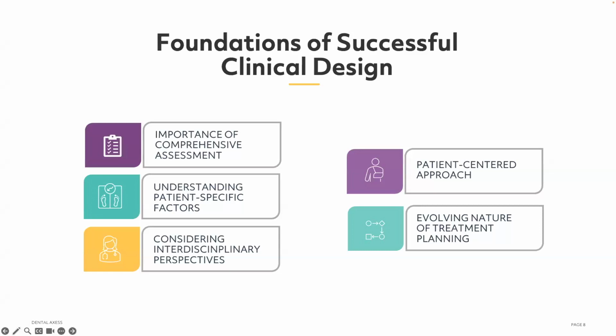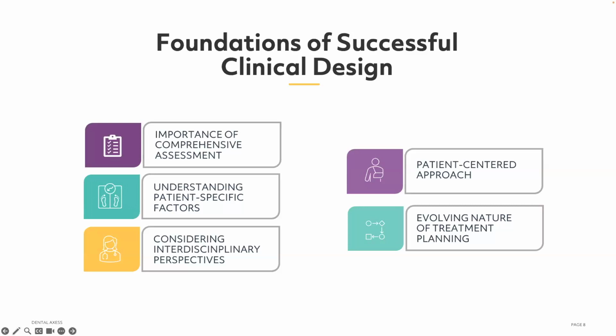In general, first is the importance of a comprehensive assessment. Take a look at all the details of your patient, like clinical history, everything the patient can bring, all the information the patient has, even family clinical history. It's very important to take a look at the whole world of the patient to understand what they need.